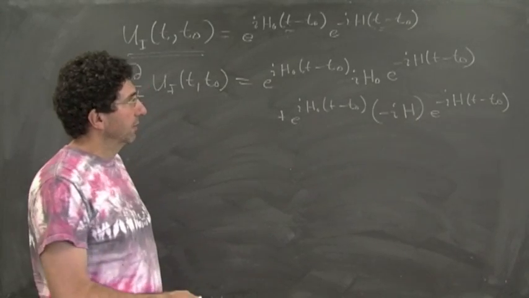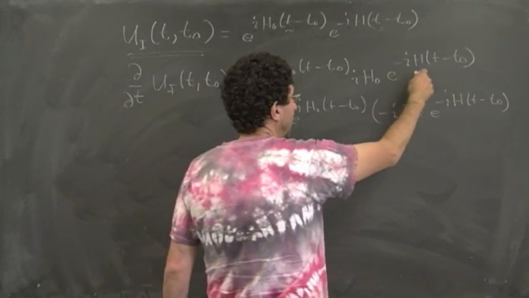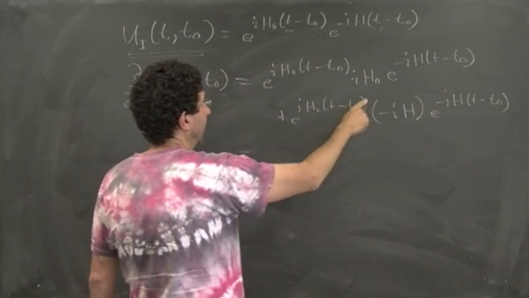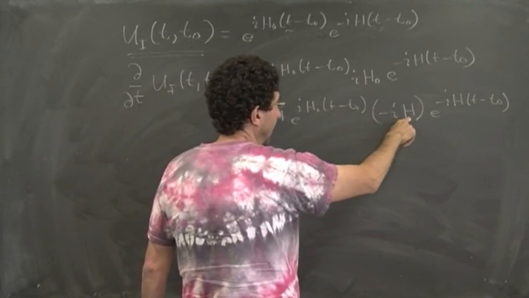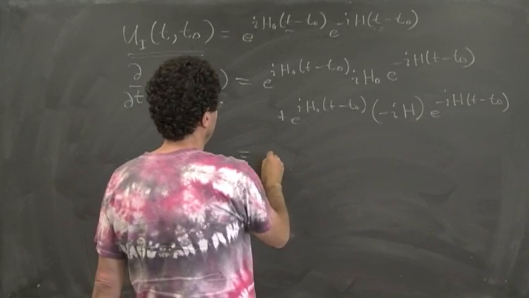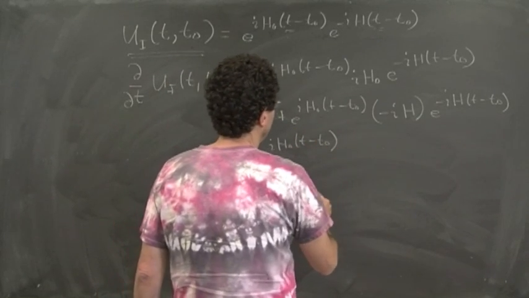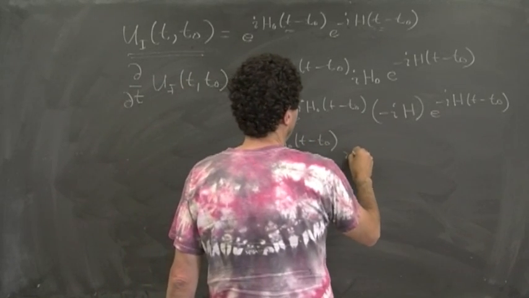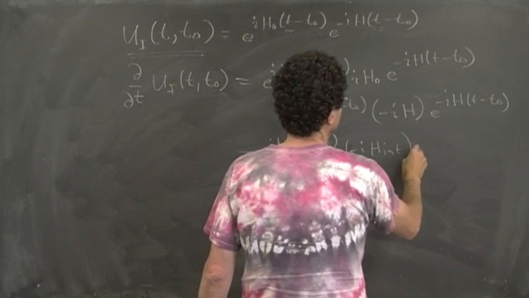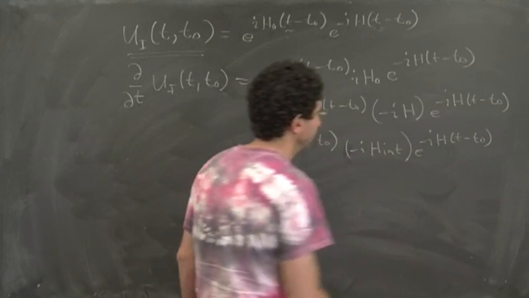And the reason I put them on those sides is that now I can combine these two things together because I have the same thing on the outside, and I have an H_0 minus H. That actually gives me the interaction term, right? So I have e^{iH_0(t-t_0)}, and then I have a minus iH interaction, e^{-iH(t-t_0)}.